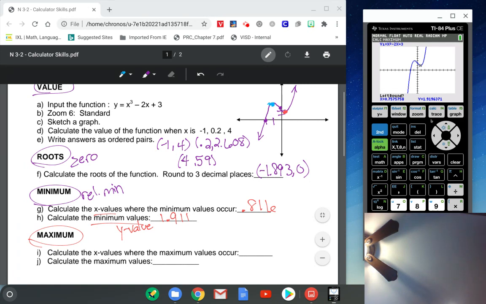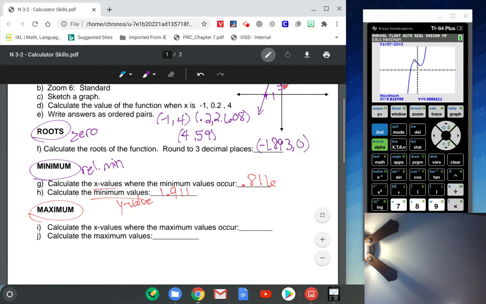And remember, we're going left and right of this highest point, so I need to move my cursor to the left of that point, hit enter. It will give me a left boundary. Then we're going to move to the right of that point, so past that high point, hit enter. It'll give me the right boundary, and then for it to guess, I've got to hit enter one more time. And so there is my maximum value.